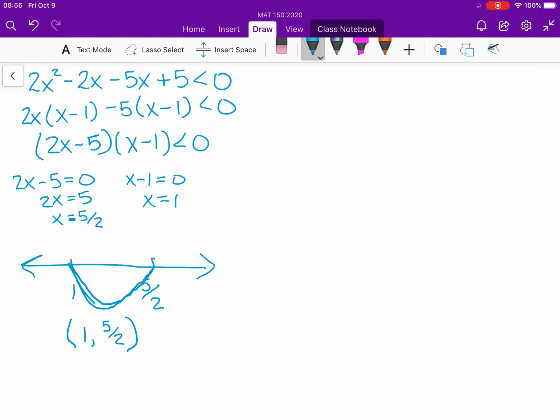This is actually one of those that wants all 3 intervals, and you state whether it's positive or negative. So negative infinity to 1, and then 5/2 to infinity is the other one. And then this one's positive, negative, positive. So this is your answer.